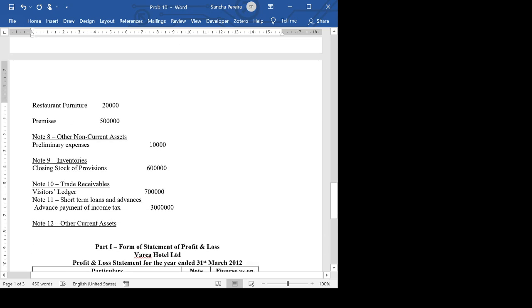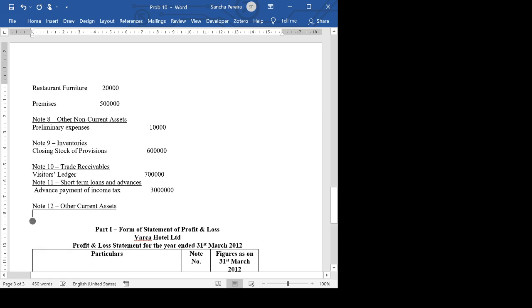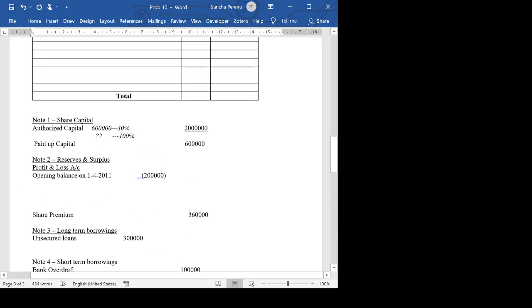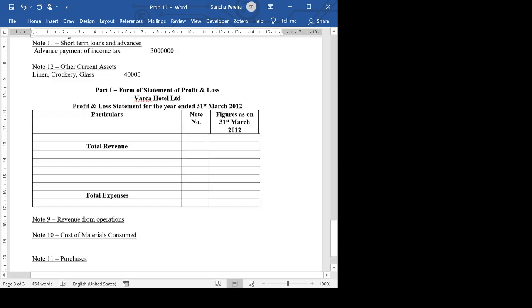What you can do is, when you're actually solving the problem, as you do it, you can tick what you have taken, so that there is no confusion. This also has depreciation on it, so I will write it in the inner. Now we move to the notes of the profit and loss account.